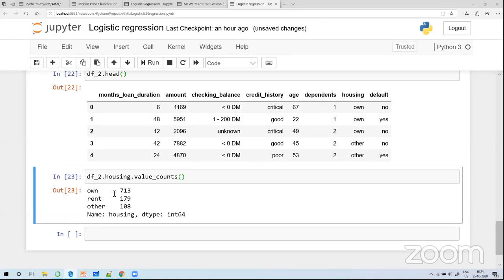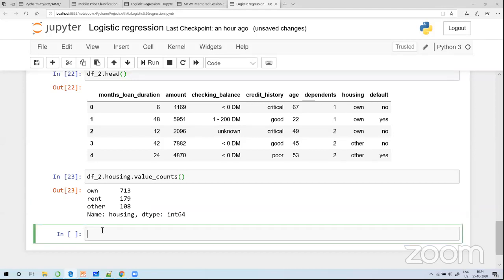For own, there are 713 observations. Rented type, there are 179 observations, and other 108 observations. So there are 3 values here. And let's convert this to dummy values. Let's see how we can do it.